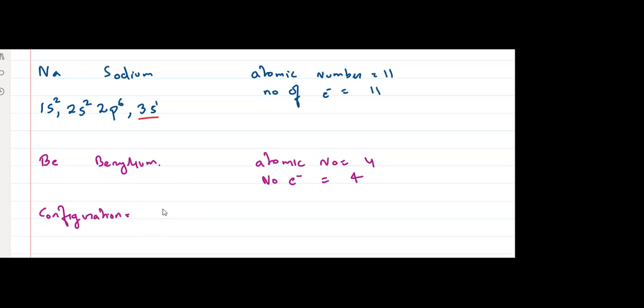Correct, very good. So 2 electrons, it is 1s2. Then remaining 2 electrons, 2s2.